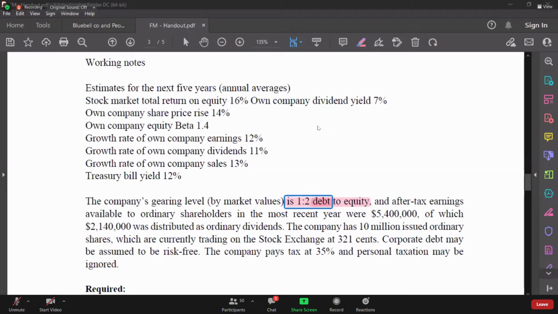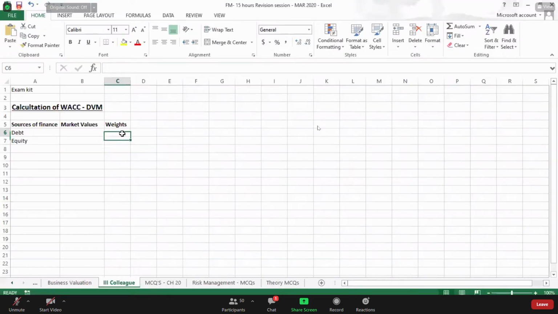Yes, ma'am. So over here, we know that debt equity is 1:2. So that means debt is 1, equity is 2. In total, it is 3. So can I say it is 1 divided by 3?